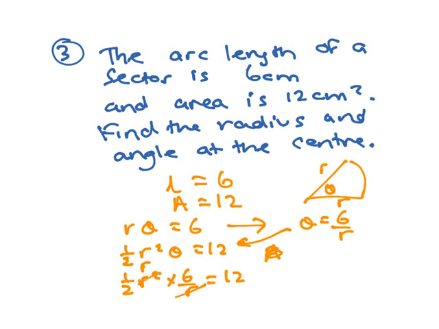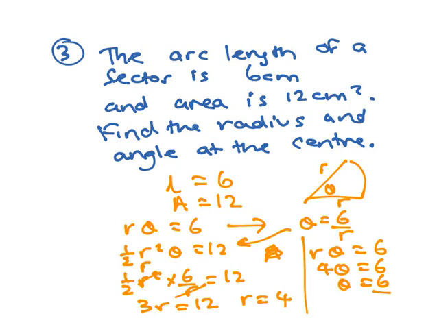The r's will cancel. A half of 6 is 3, so 3r equals 12, so r equals 4. And then r theta equals 6, so 4 theta equals 6, so theta is 6 on 4. So you just have to sub it back into one of them. So theta equals 1.5 radians.